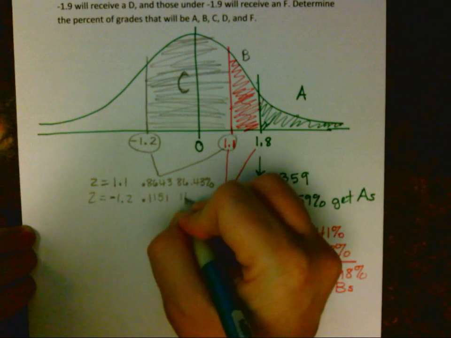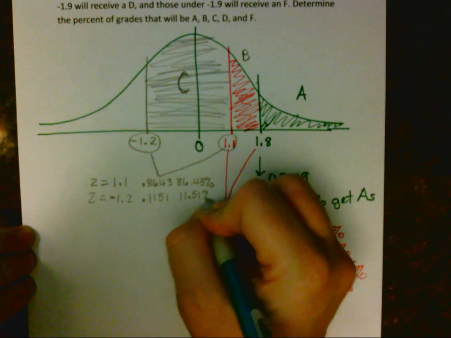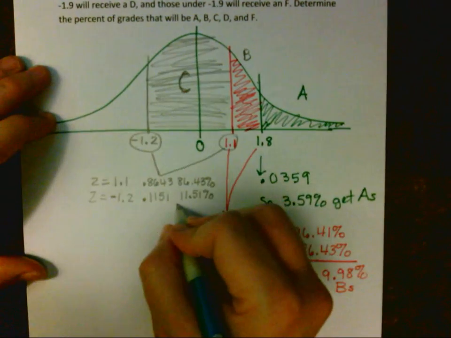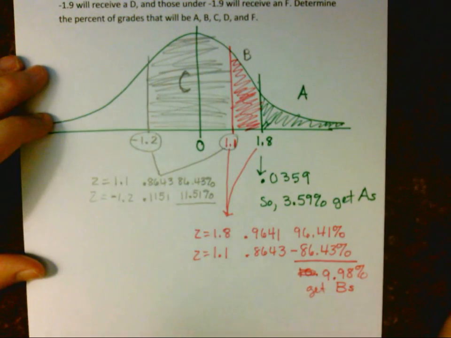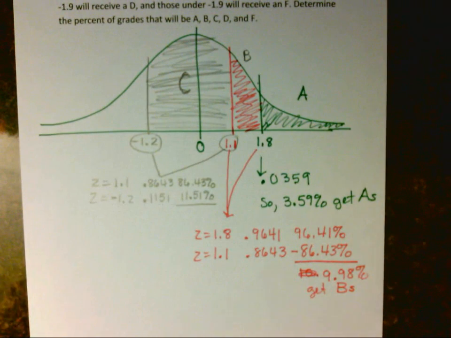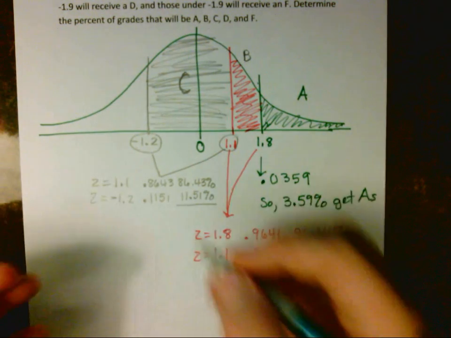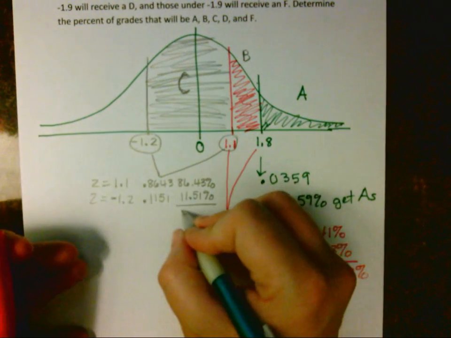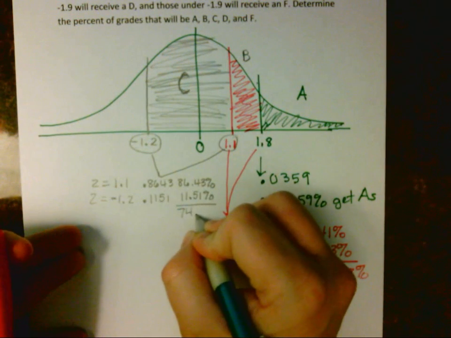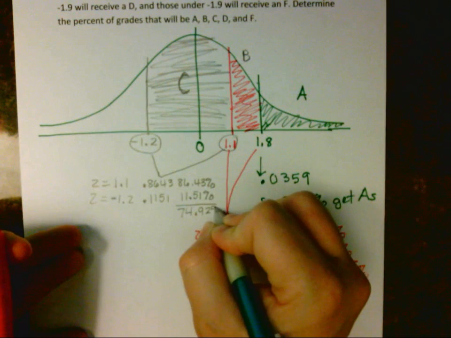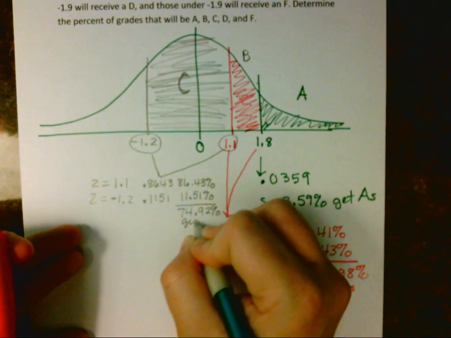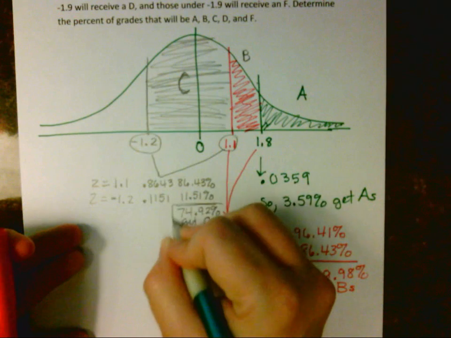In other words, 11.51%. Okay, so I'm going to subtract that. 86.43 minus 11.51 gives me 74.92% get C's.